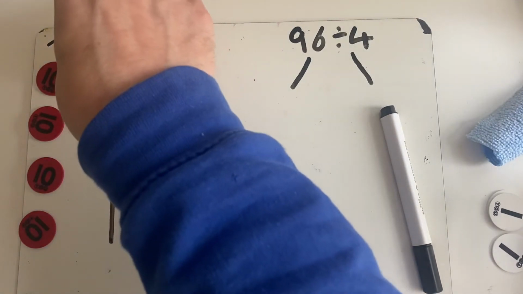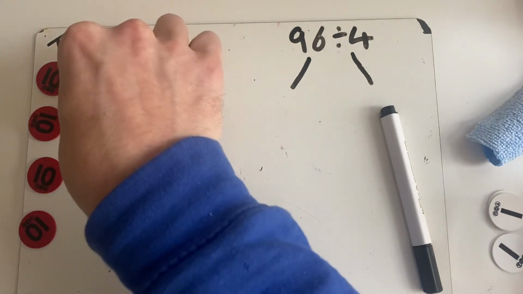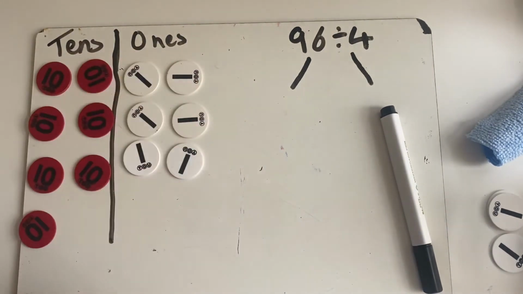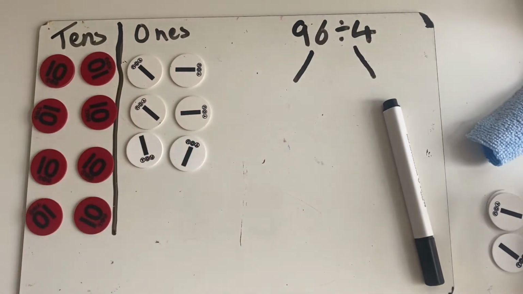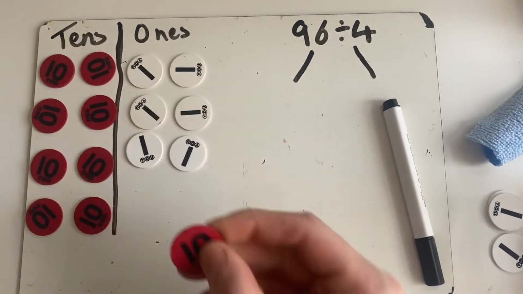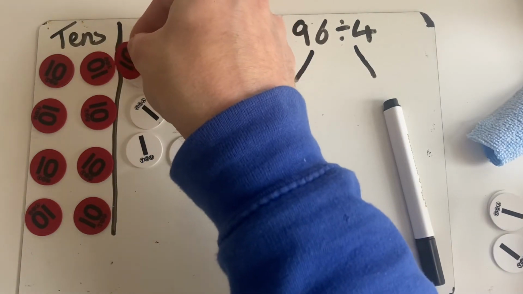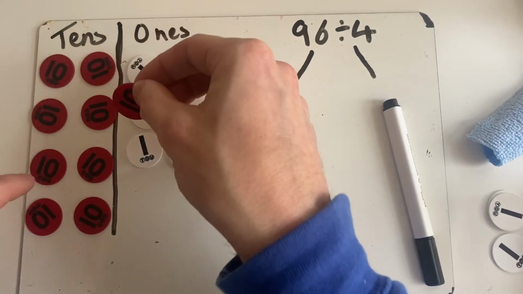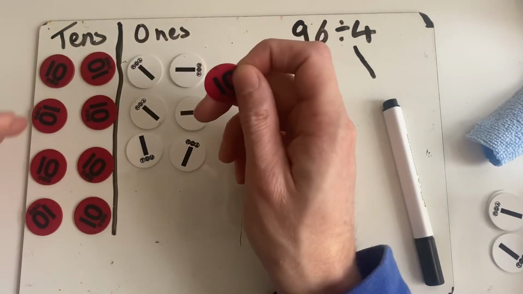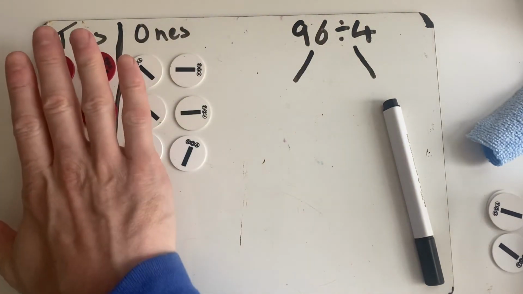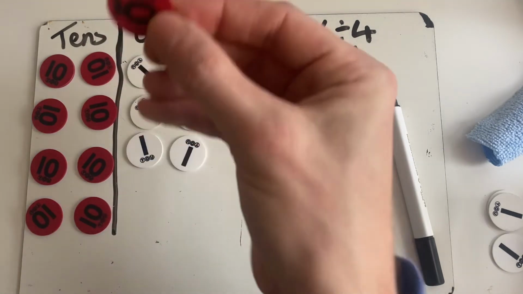We've still got some 10s left over. Now I've got 4 groups with 2 in each group. I do have 1 remaining, but I can't put that into another group because they all have to have the same value. If I put another 10 into here, that means we'd have 30 and there would only be 20 here. So we're going to leave it like that, and what we're going to do is exchange.